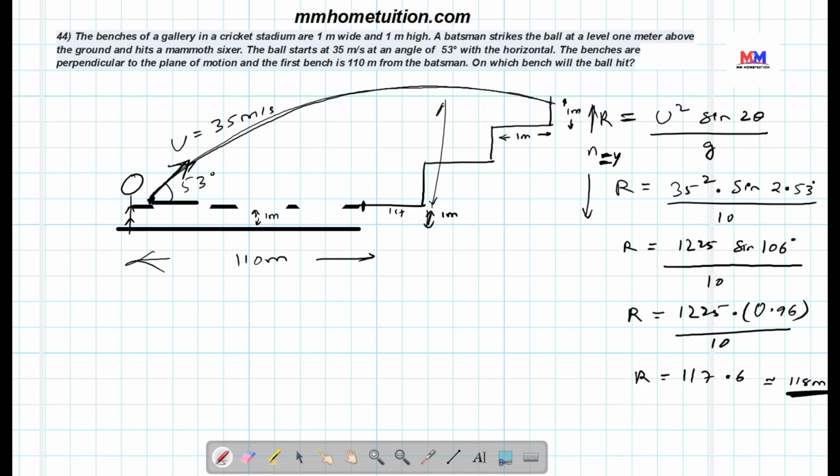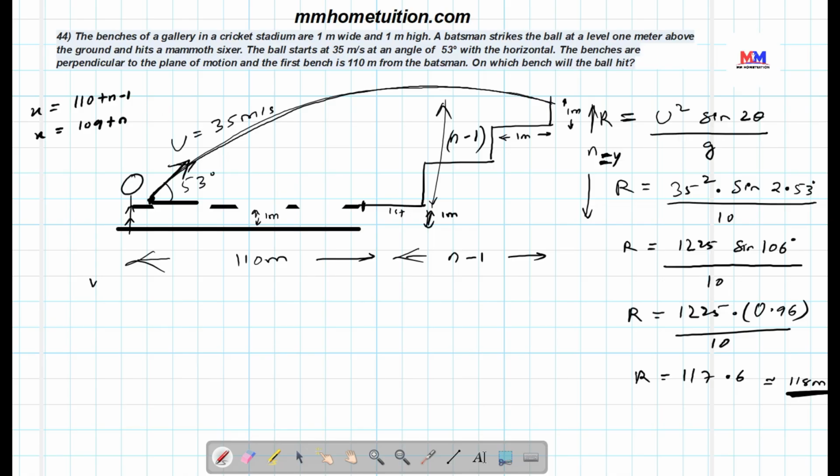So the total x distance equals 110 plus n minus 1, so that is 109 plus n.